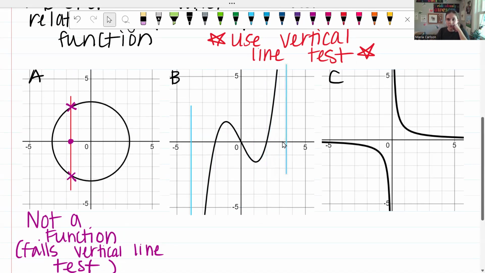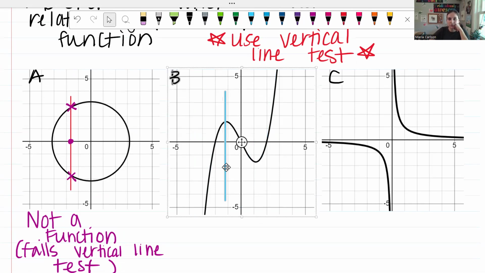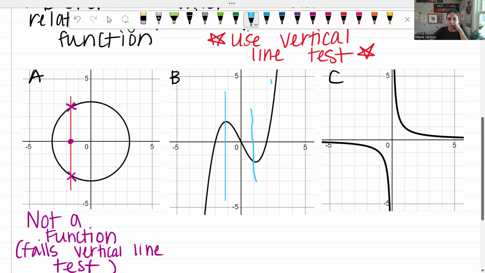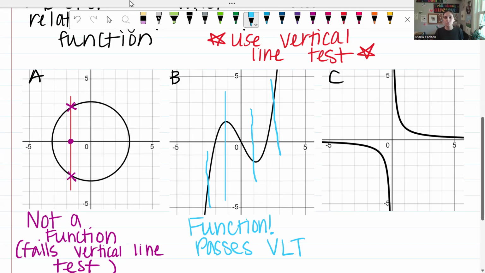And I'm noticing, even though I didn't make my line quite long enough, no matter where I draw this vertical line, it will only cross the graph of the relation at one place. So this is a function. It passes the vertical line test. Abbreviate VLT.